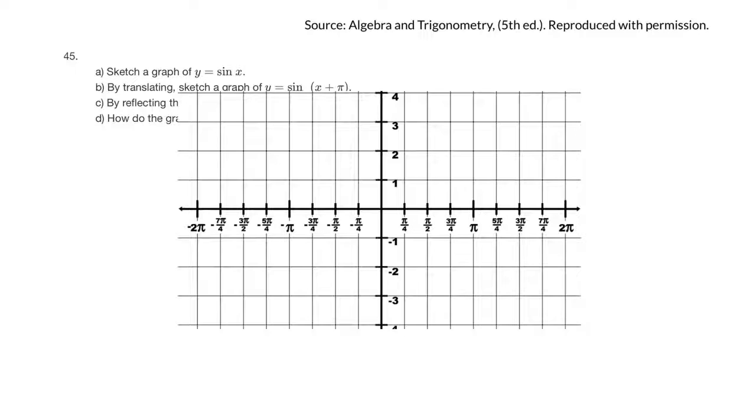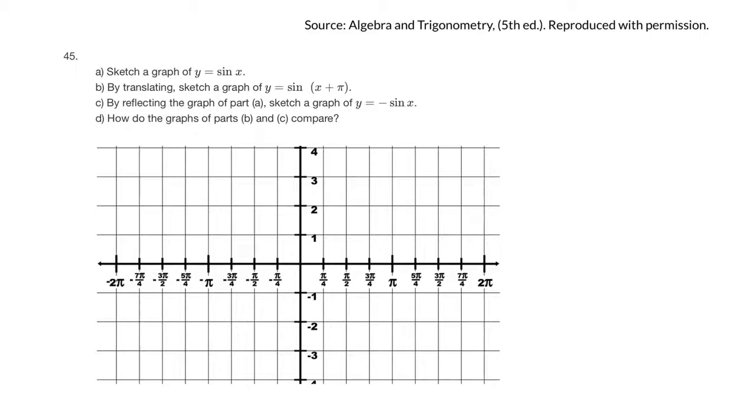Okay, next question. Let's sketch another one. Okay, we're sketching sine x again. So I've got to go up to there, down to there, down to there, up to there. So up, down, and up. Okay, now they want me to sketch a graph of this. So the plus there means I'm going to go left by pi.